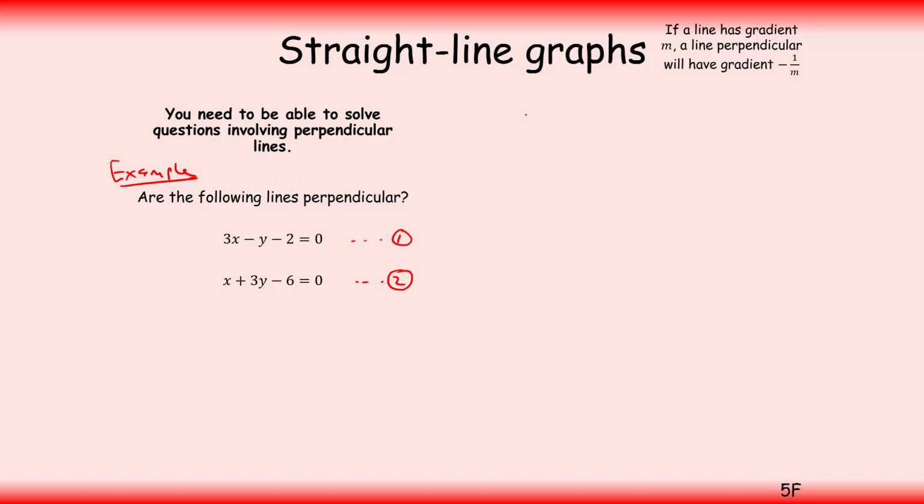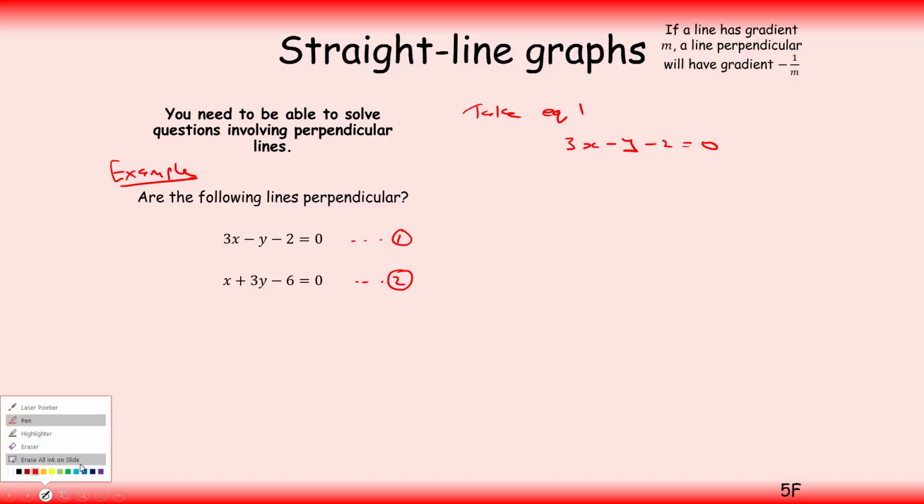So if we take equation 1, what's the best way to find its gradient? We've got 3x minus y minus 2 is equal to 0. Well, if I make it y equals mx plus c form, then I can read off the gradient. So I'm going to take the y over to the other side. Let's go blue.